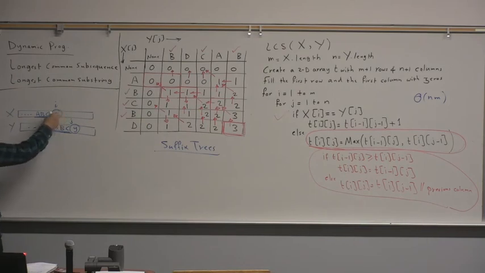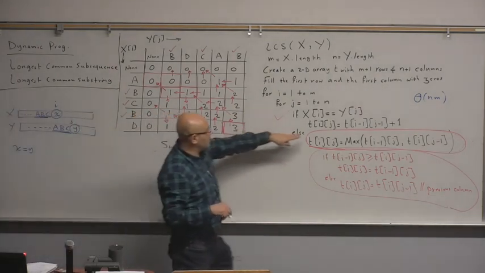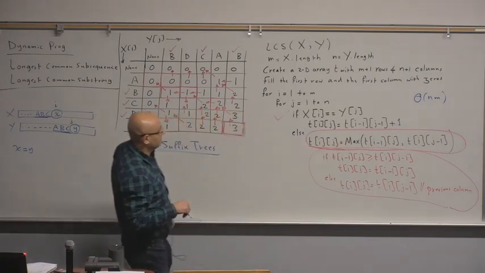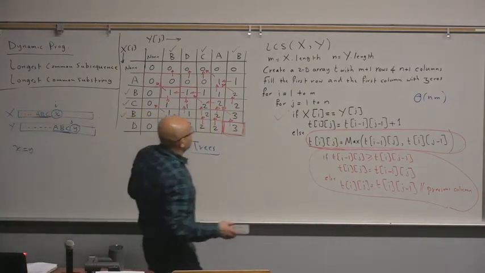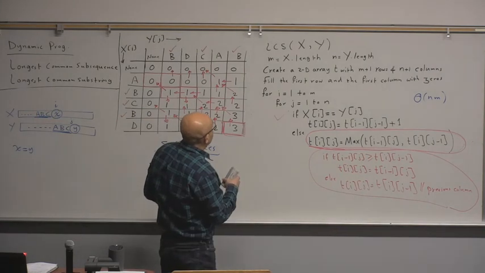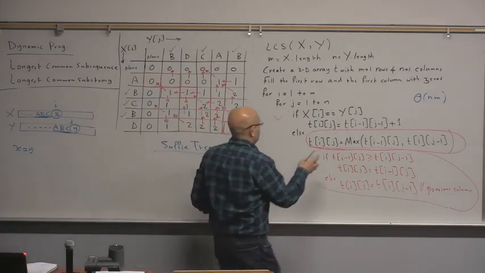Then this will get concatenated to both strings, and it will give me a longer substring of size 4. So if X equals Y, then we will get something like this. In fact, I'm going to keep the same code because it's going to be the same, but this will be different.